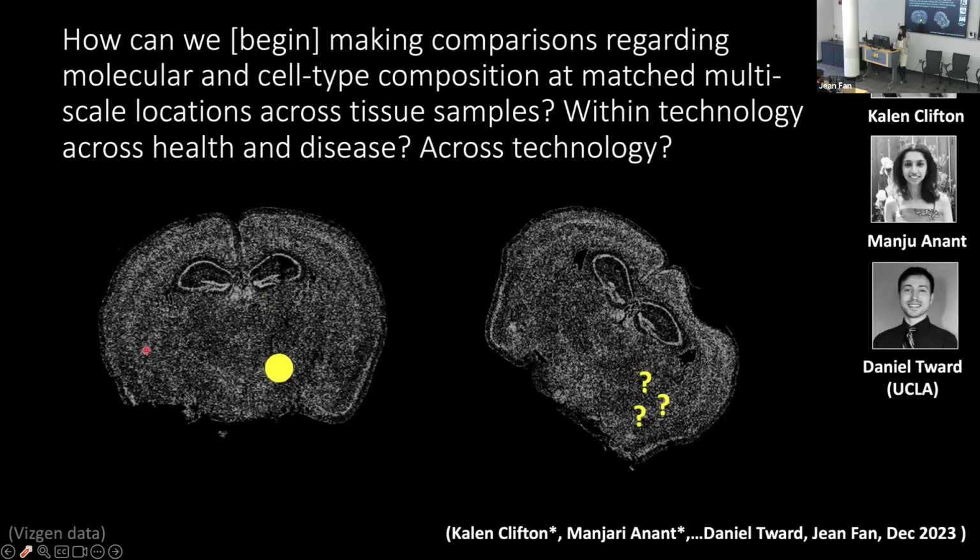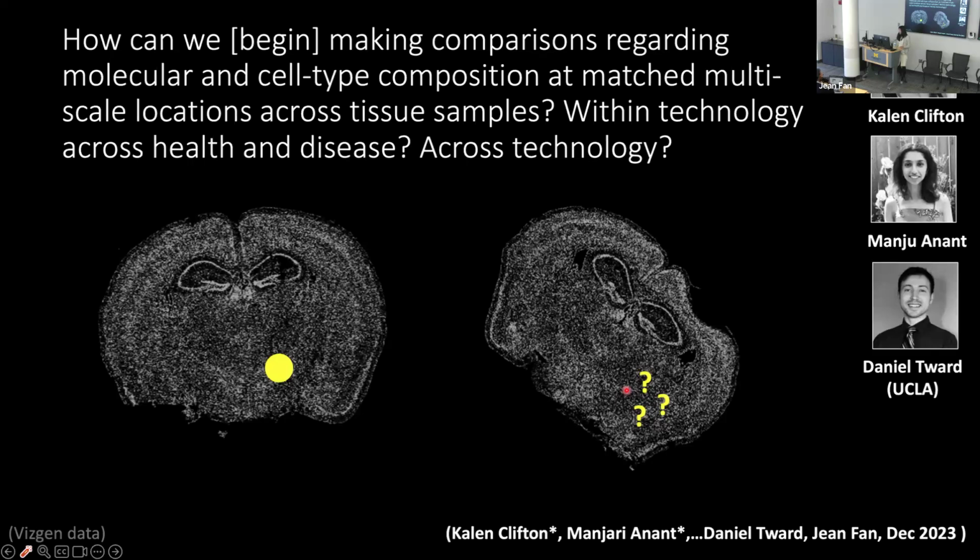So again, in this case, I have two mouse brains, but if I really wanted to interrogate the composition at this particular segment of the dentate gyrus in the hippocampus, and what's the analog here, or likewise a particular region in the thalamic area here versus here, it becomes a little bit challenging to make sure that we're comparing apples to apples.